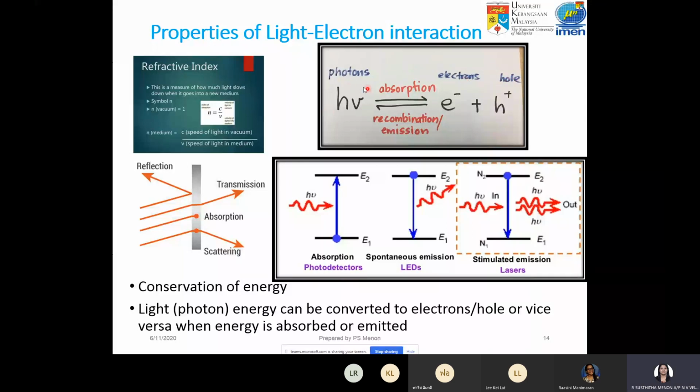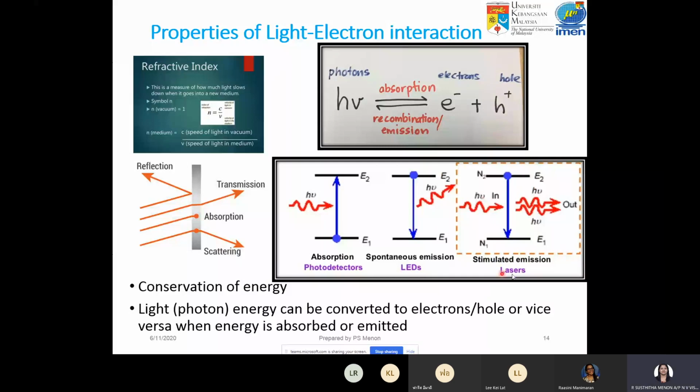When photons are absorbed and become electrons and holes, this is the basis for photodetectors. So light is absorbed and electrons and holes are formed. When electrons and holes recombine to produce photons, that is the basis for recombination or emission, and is the fundamental principle for LED and also for lasers.